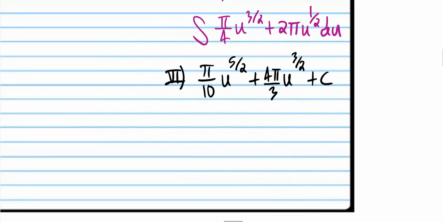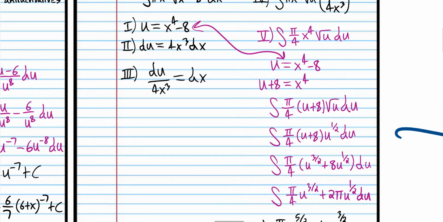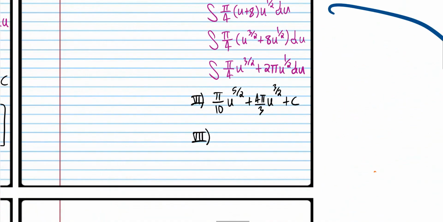Okay, so now we have our antiderivative, or a family of antiderivative functions, and step 7 is to replace u with what we set u equal to, which is x to the 4th minus 8.